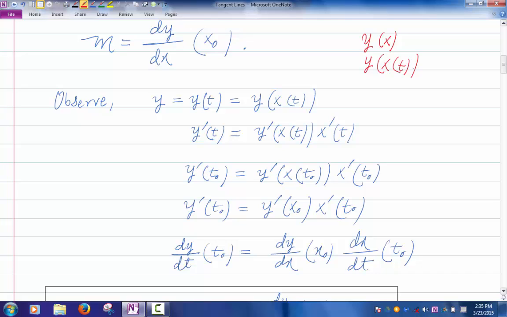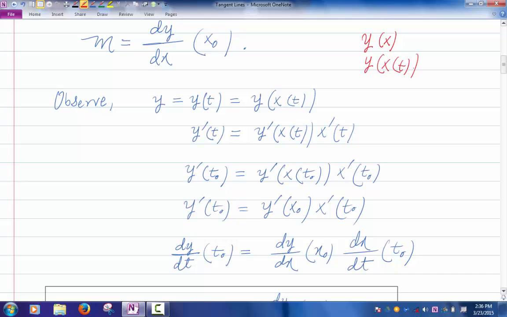So if you write y in terms of t via x, that should be the same as y of t given, right? You agree? Whatever the formula for y in terms of x is, replace x by x of t. That's going to give you a formula for y in terms of t. But you already have a formula for y in terms of t in the problem. So that means y of t and y of x of t are the same.